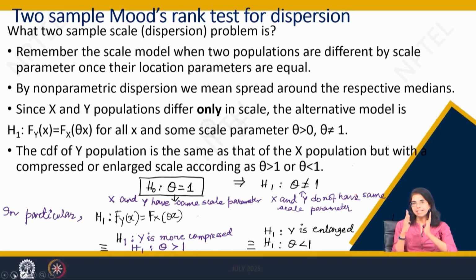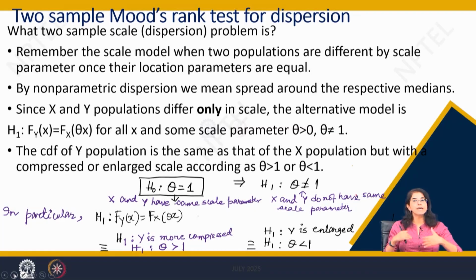Suppose these two distributions are having the same location parameter, right? But they are different as per their scale parameter. What is a scale parameter? You people know the scale parameter means measure of dispersion. That means they are different in terms of, say, variance, in terms of, say, quartile deviation. So all of the measures of dispersion are concerned here.